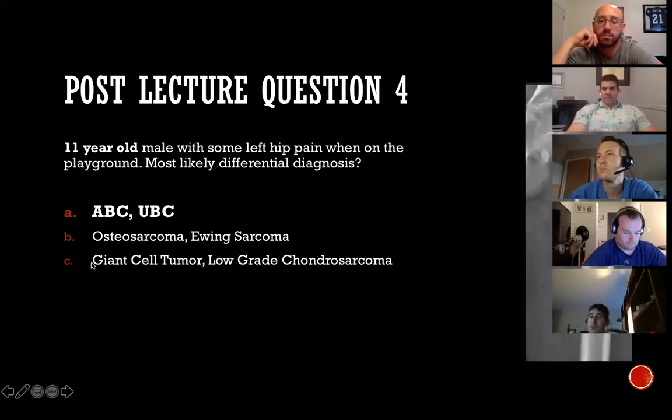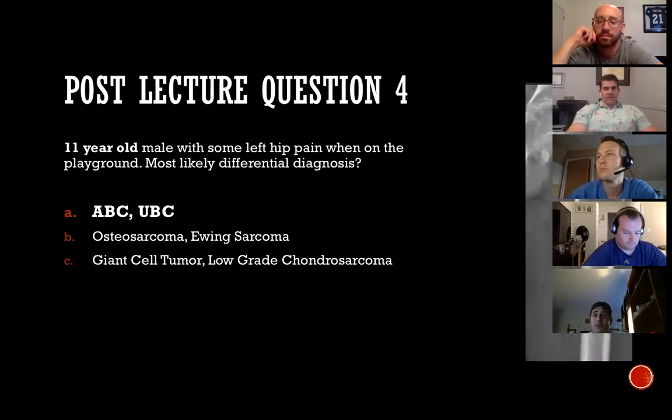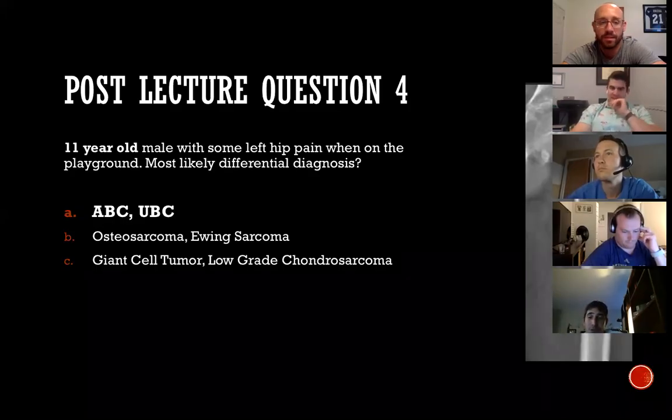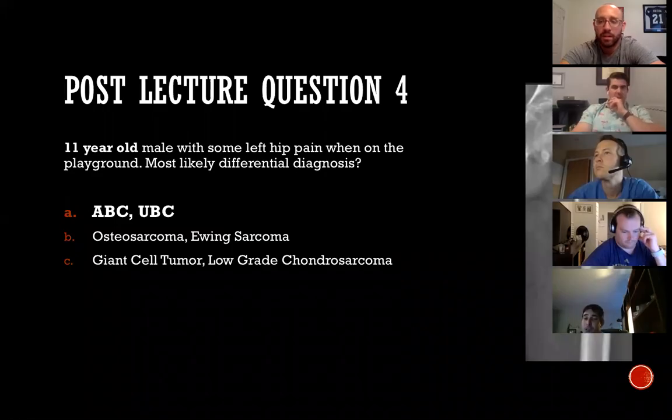Zach, feel free to jump in if you want to add anything here. I admittedly missed a lot of that, but I think the key part is, we talk about all the other tumors on that list, aside from, and you can argue ABC also has aggressive features, but definitively your sarcomas, giant cell tumors, and even a low-grade chondrosarcoma, those all have aggressive features.